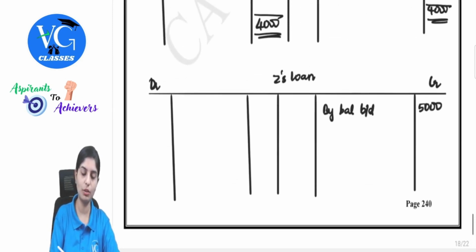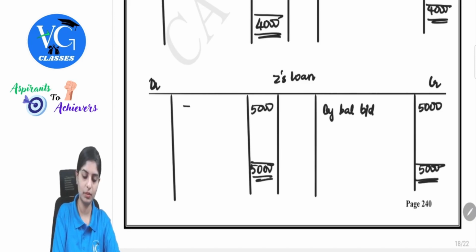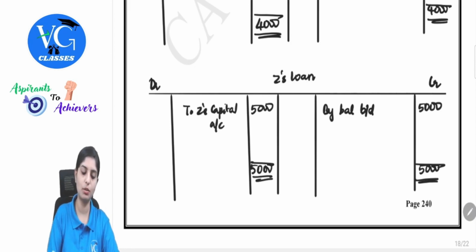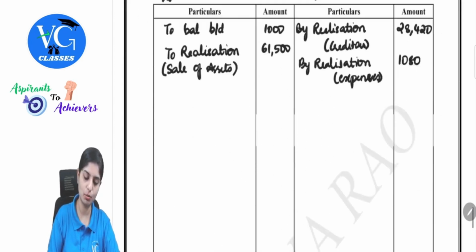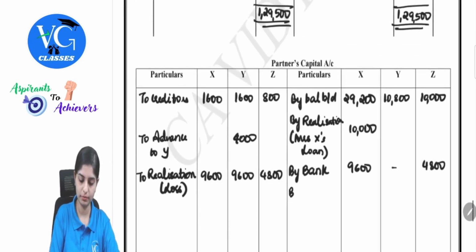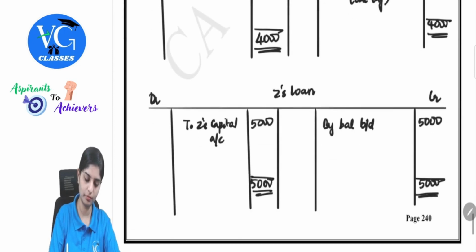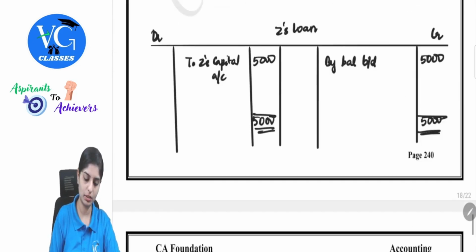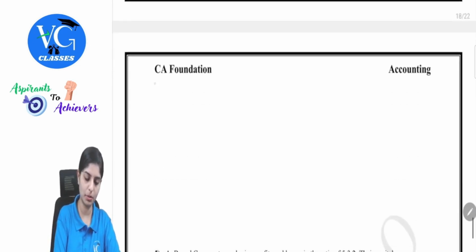So there was Z's loan, nothing specified about whether it is paid or not. So we will transfer it to partners capital. To Z's capital account, Z's loan to Z's capital. So by Z's loan 7,000. So this is working note number 3.